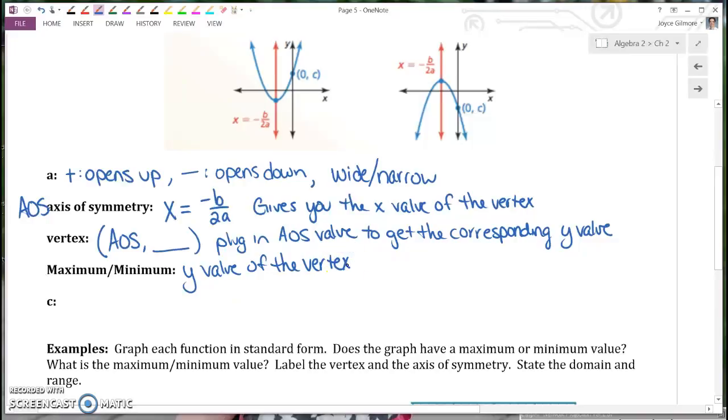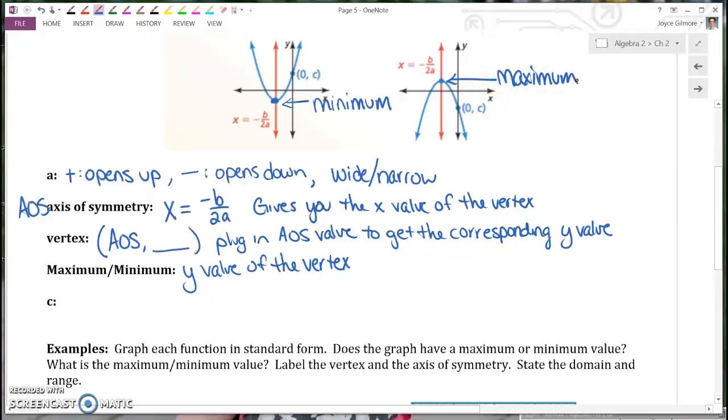Take a look at the two examples at the top of your page. If your graph opens upward, the vertex is at the bottom. That would make this a minimum. The y value of the vertex is the minimum. It's the smallest y value that exists on the graph. If the graph opens downward, then the vertex is a maximum.